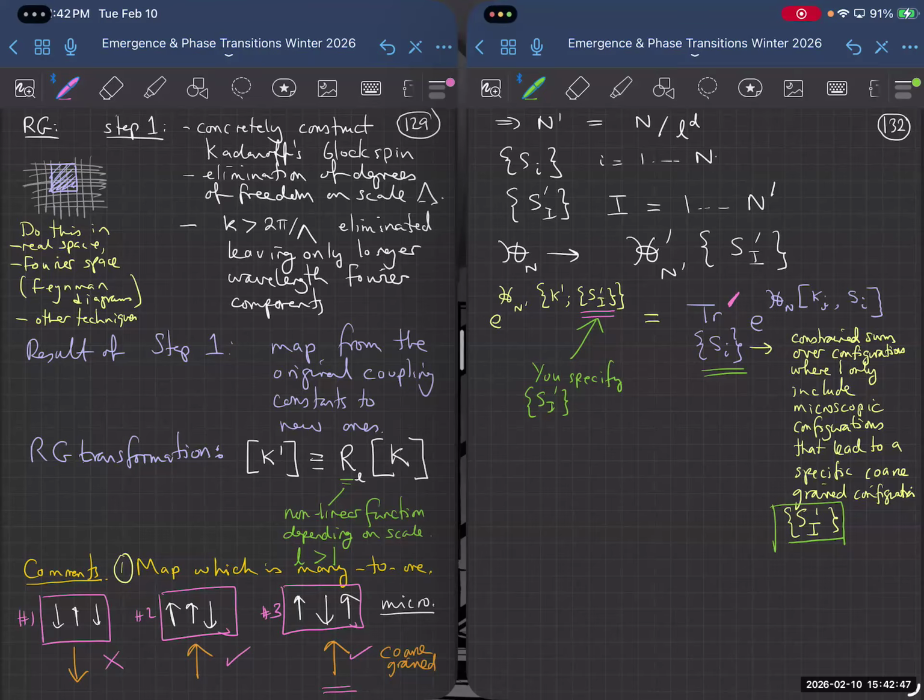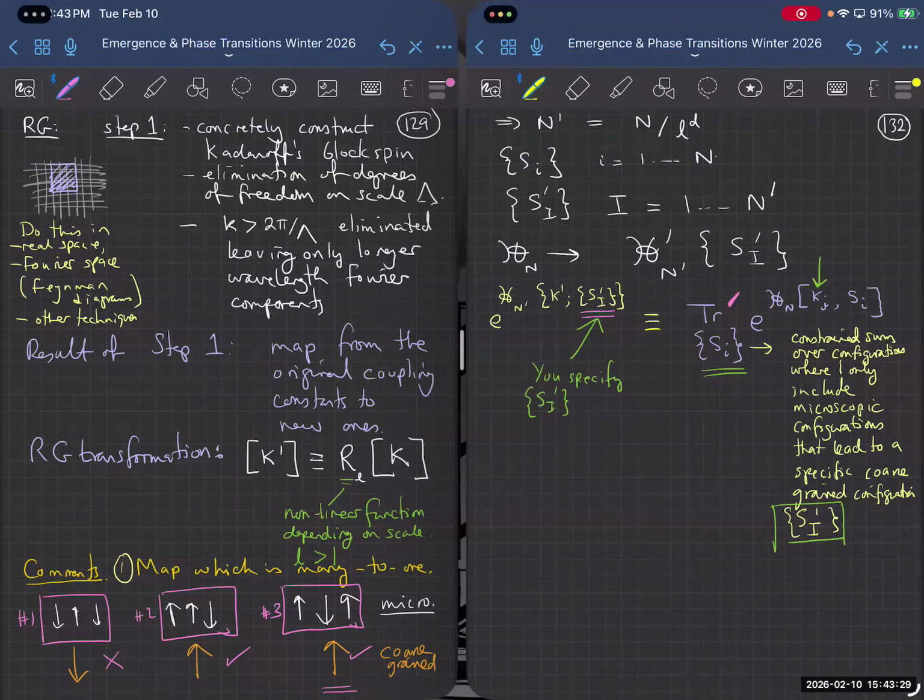What is that function going to depend on? It's going to depend upon the coupling constants K, because every term in here is a term of e to the K1 or K2 or K3, whatever it is, times some combination of the microscopic variables. So when I do those traces, I'm going to get some horrifically complicated function of all the K primes, and I'm going to define that whole thing as e to the H prime. This way of writing it defines for me the coarse-grained Hamiltonian.